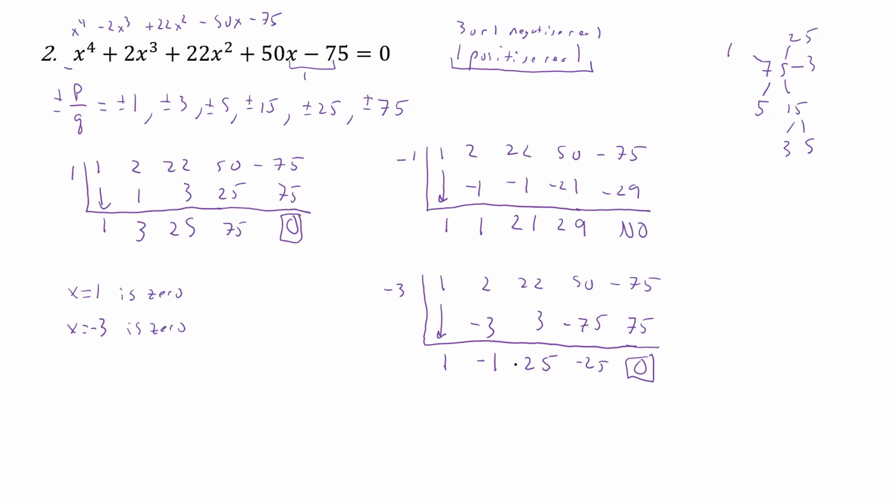So I kind of made things a little more complicated than I should have. This should have actually gone into the 1, the 3, the 25, and the 75, because I should have used the 1 here. I shouldn't have gone back to the original. So we will do that now. Sometimes things don't work out how I plan.